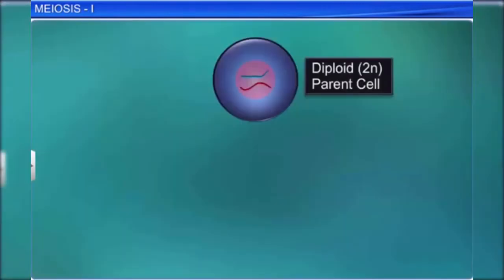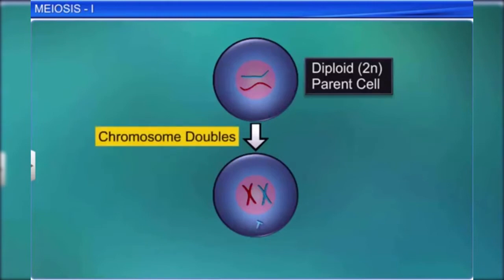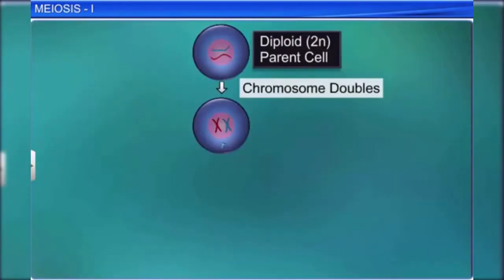Meiosis, like mitosis, is also preceded by an interphase stage, during which DNA replicates and each chromosome doubles to consist of 2 identical strands of DNA. Meiosis consists of 2 cell divisions, namely meiosis 1 and 2.